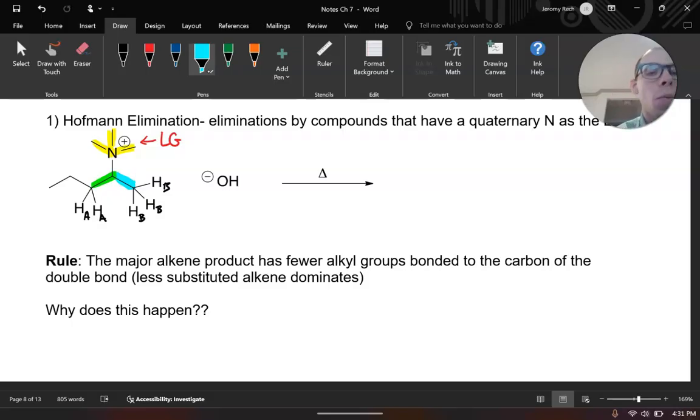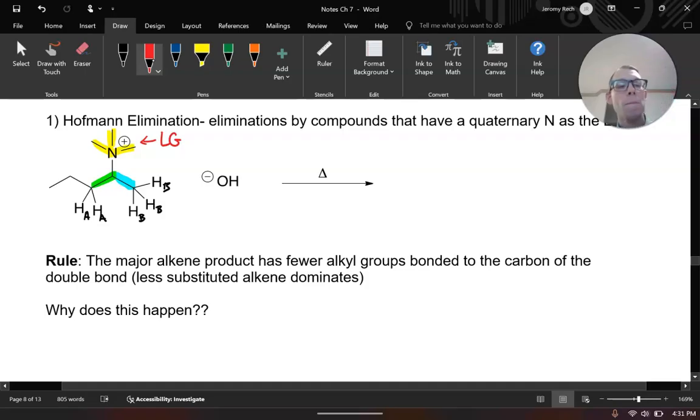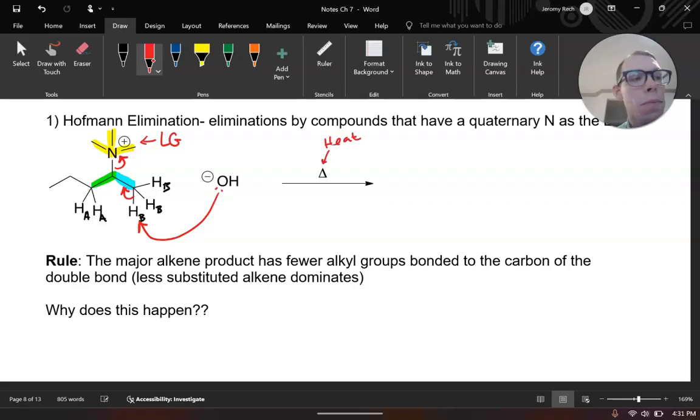Because we have either a really big bulky base or a really big bulky leaving group, there is a preference to only abstracting your HB. So you would abstract an HB, making a less substituted double bond, and then your leaving group leaves. You'll also see heat almost always used in these reactions.